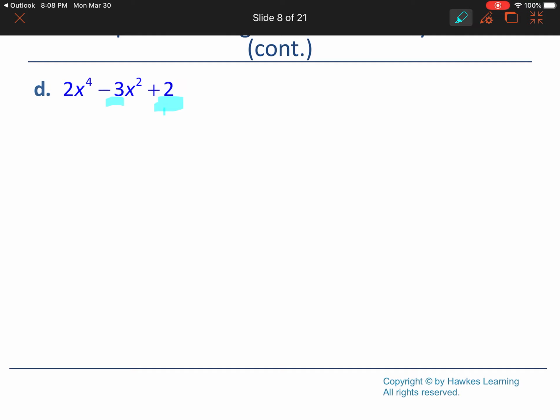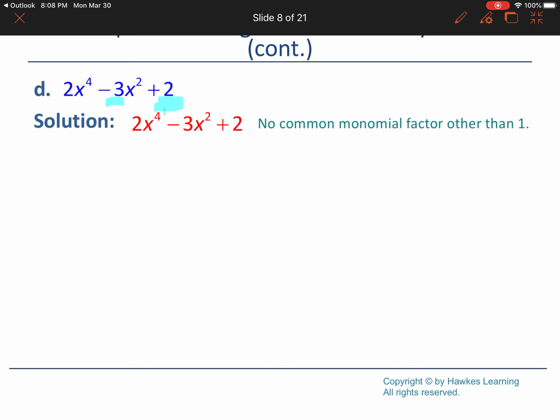So it's just down to the numbers. But the first two are 2's, but this one is a 3, and there's nothing in common between 2 and 3. So the greatest common factor is a 1. Okay, that's what that means. The greatest common factor is a 1. And you can't really factor it out. There's nothing else, so it is itself.